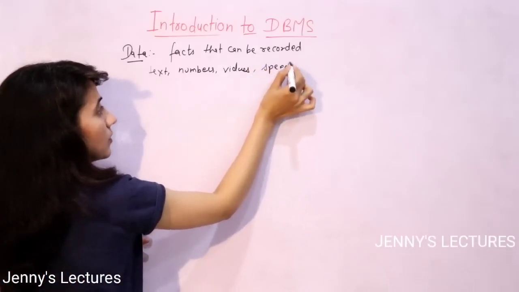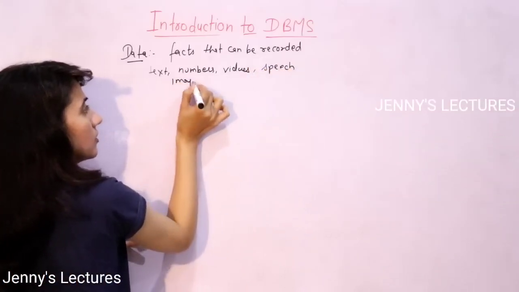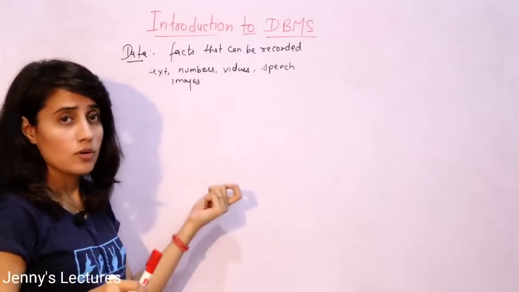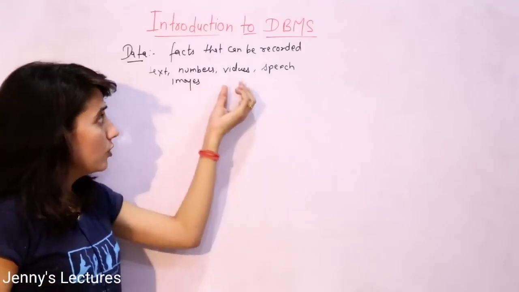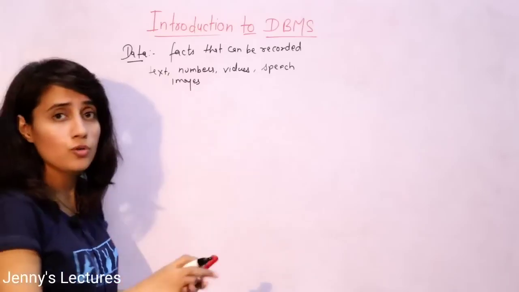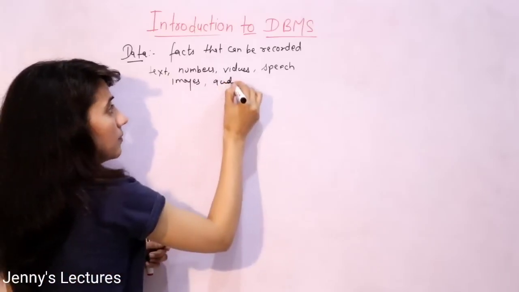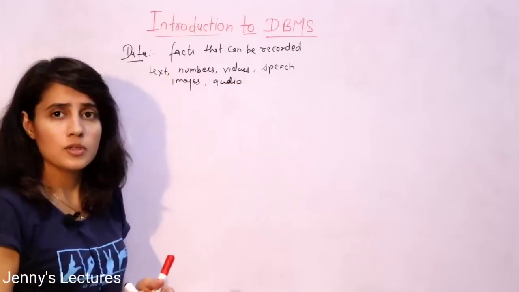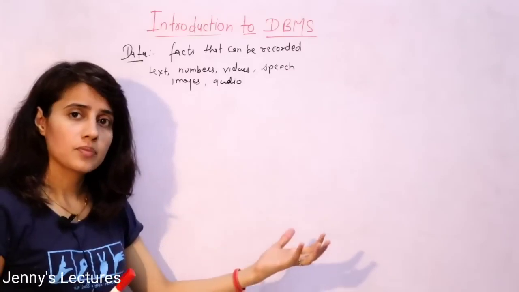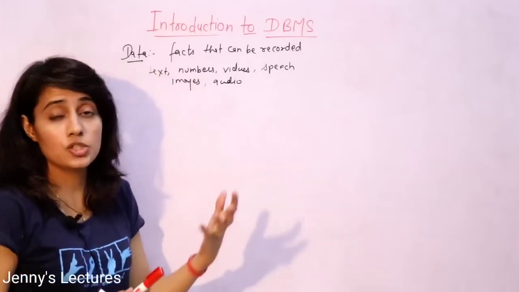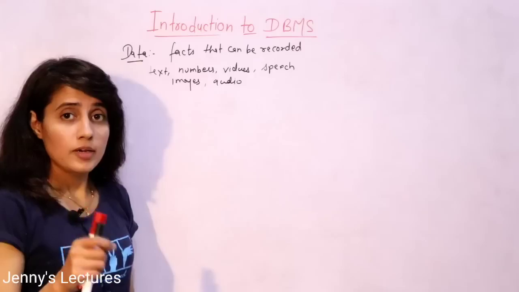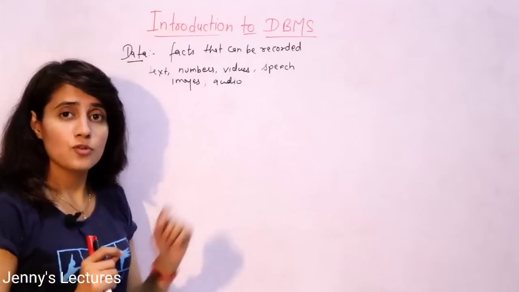Speech, maybe some images. So these facts can be recorded in these forms. Audio files also can be there. These come under multimedia data, and text and numbers are traditional data.